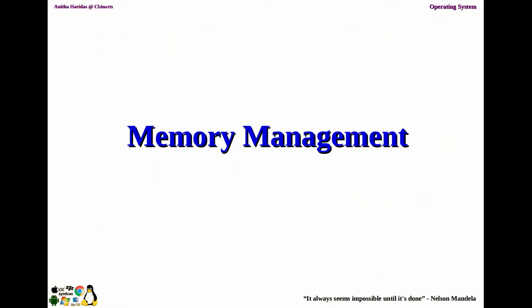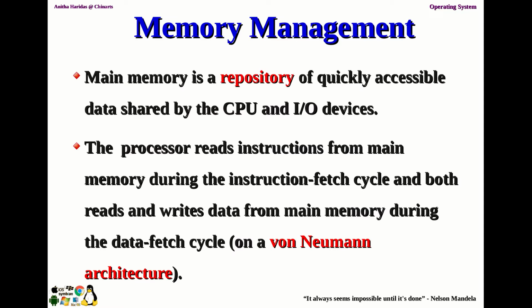Then the next important module of the operating system is memory management, which is done by your memory manager. You know that main memory is the repository of quickly accessible data shared by the CPU and input-output devices, right? If the CPU wants to read or write some data, it will take main memory as its repository.